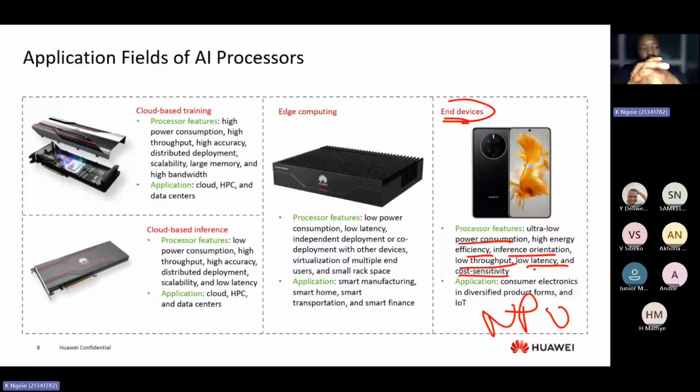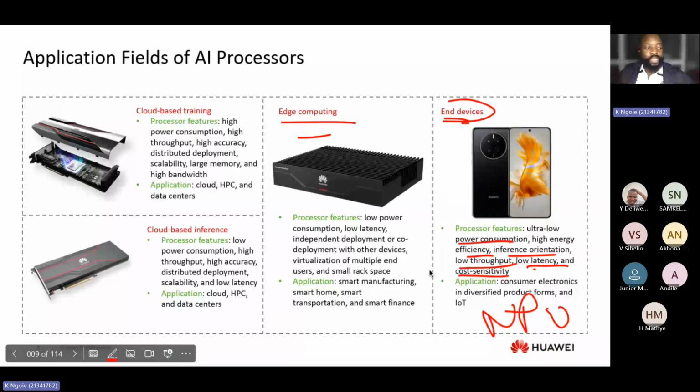Okay. So now, in terms of edge computing, we apply this in cases such as smart manufacturing, in a certain industry where AI is busy performing some task. You have it in your smart home, and in smart transportation, which involves self-driving cars and all those things.